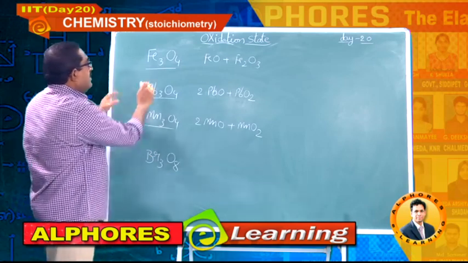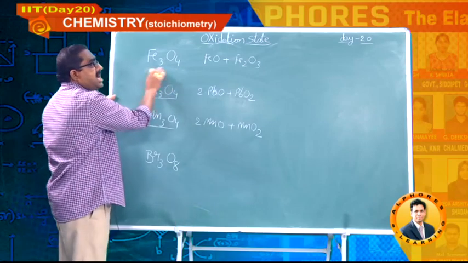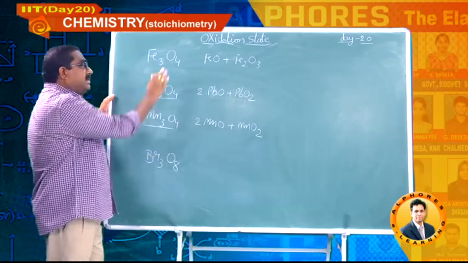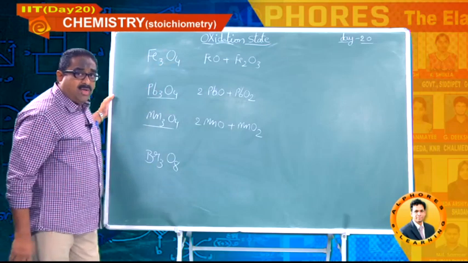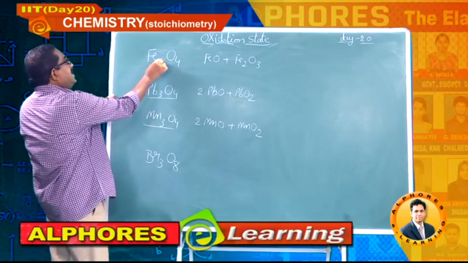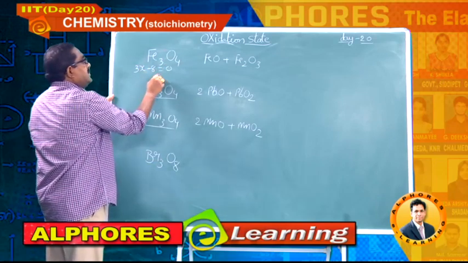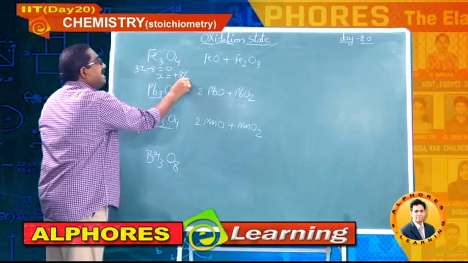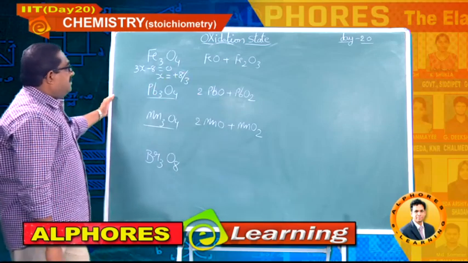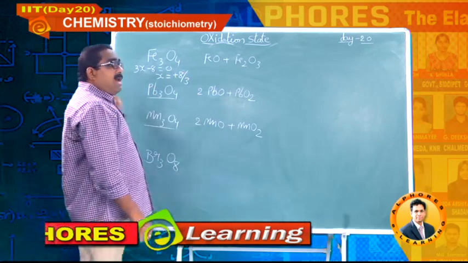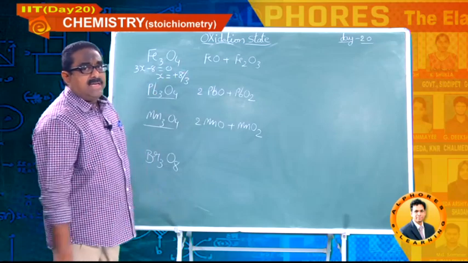Normal calculation I will do here. Observe students, normal calculation I will do, then I will go for individual oxidation states. 3 irons, concentrate, 3x minus 8 equals 0, 4 oxygens, x equal to plus 8 by 3. Now let me go through the individual oxidation states.